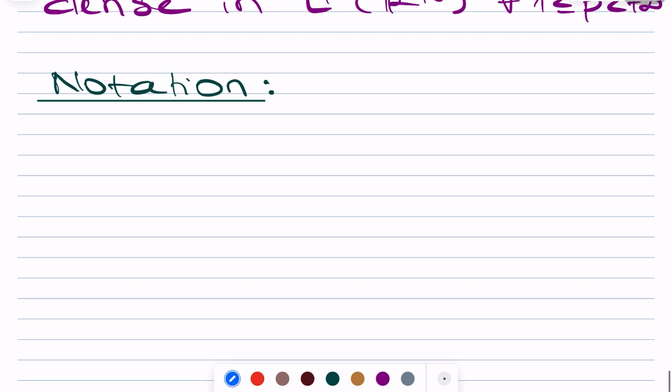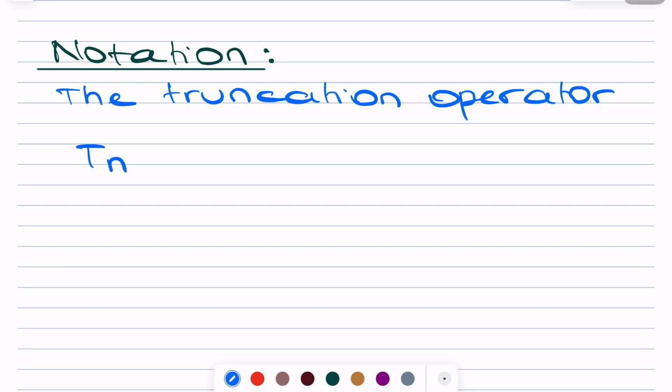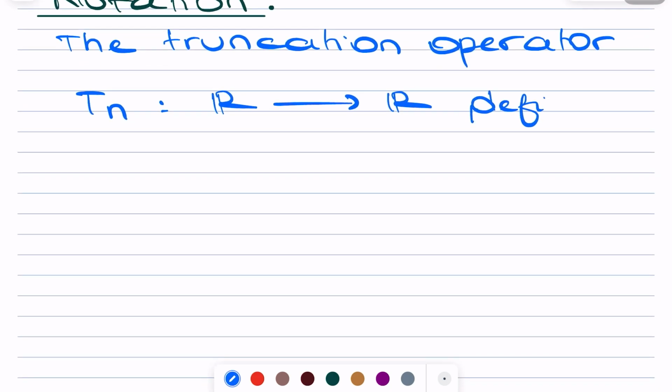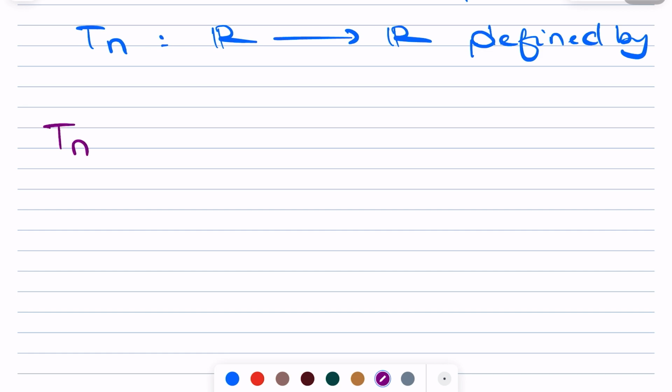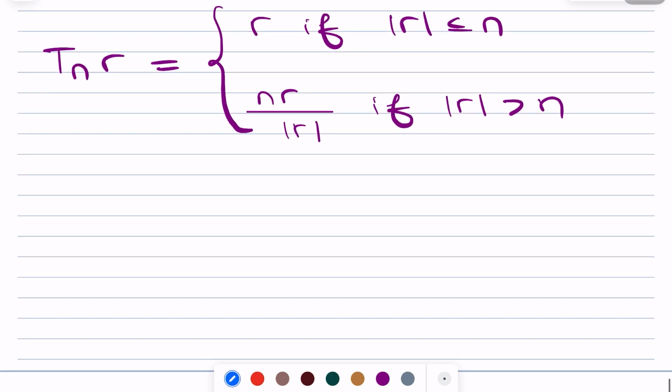We define the truncation operator Tn, defined from R to R, by Tn of R equal to R if the absolute value of R is less than or equal to N, and N times R divided by absolute value of R if the absolute value of R is strictly greater than N.